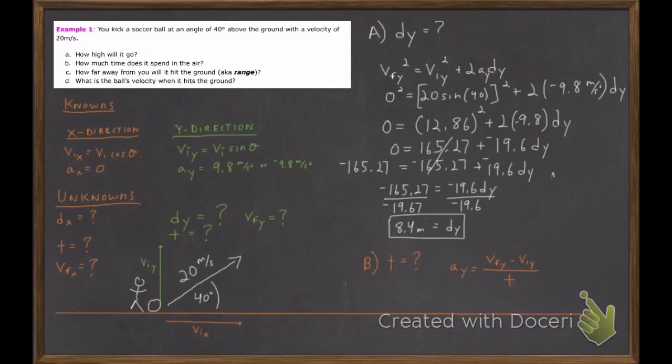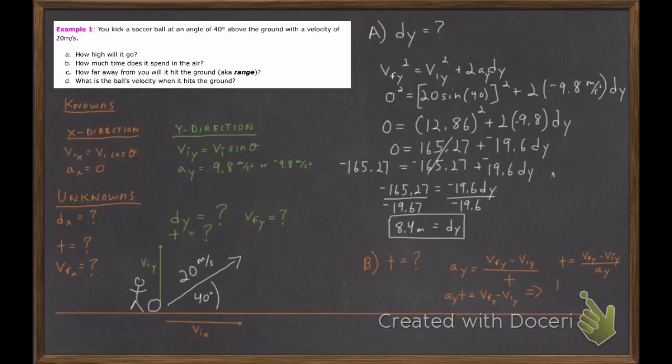When we rewrite the formula to solve for time, we get AY times time equals VF minus VI. Again, this is the y direction. And ultimately we can write this equation as time equals V final y minus VI y over the acceleration y.